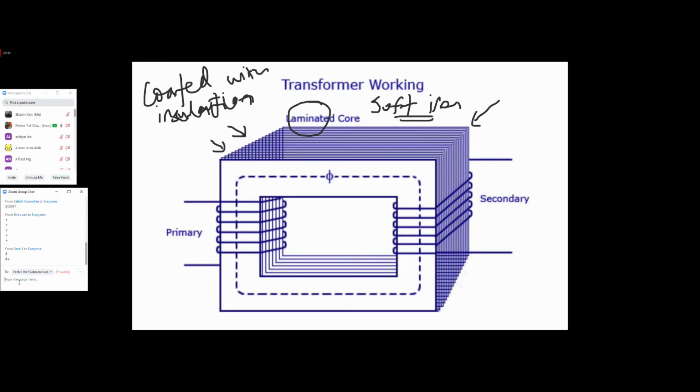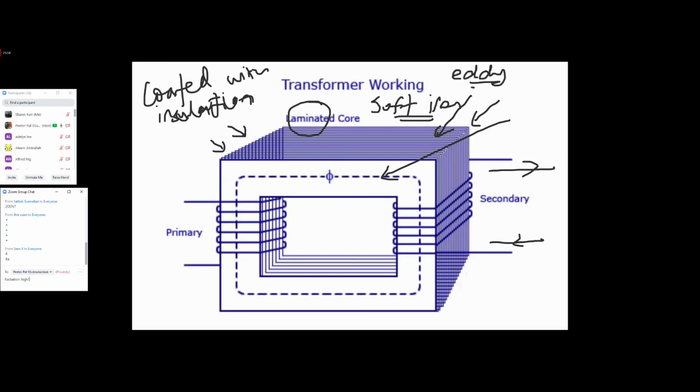You know what happened? Inside this soft iron, we are supposed to produce current only in the secondary coil, guys, which is called induced current, right? Which is our output current. But what happened inside the soft iron also, a value of current can be produced. That current is called the eddy current.